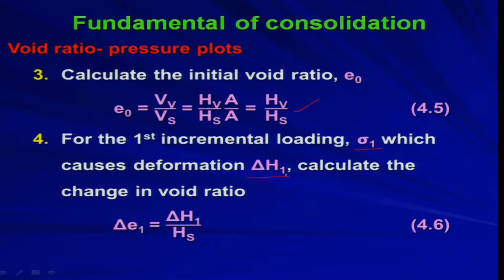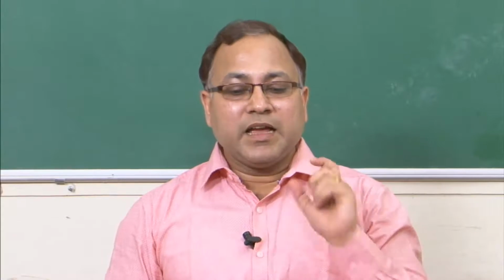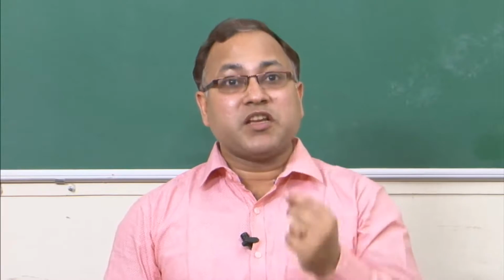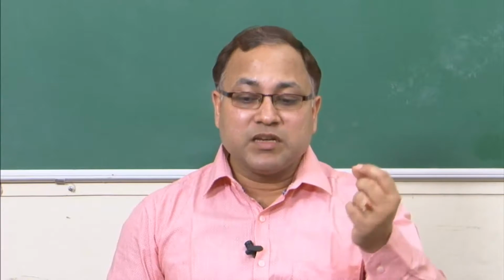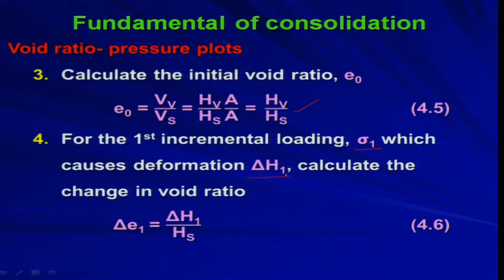Deformation means only in the vertical, longitudinal direction, say delta H1, that is only the change in height, right. So, delta H1 you are observing due to the application of the externally applied load sigma 1. Therefore, you can calculate the change in void ratio. So, now what will happen once you apply the load?